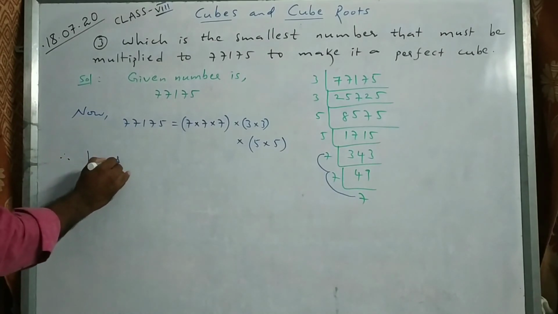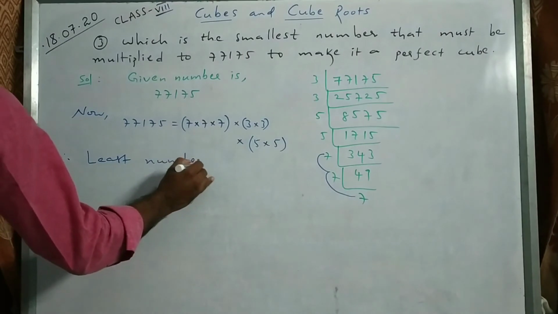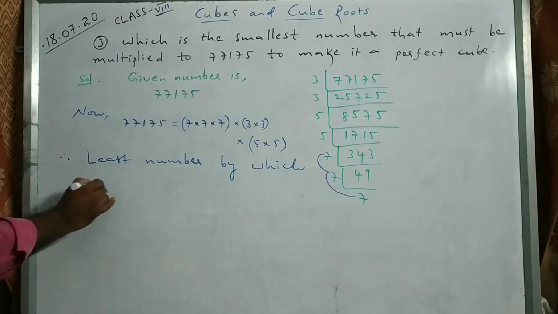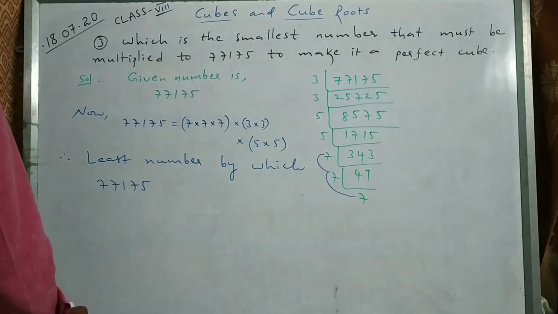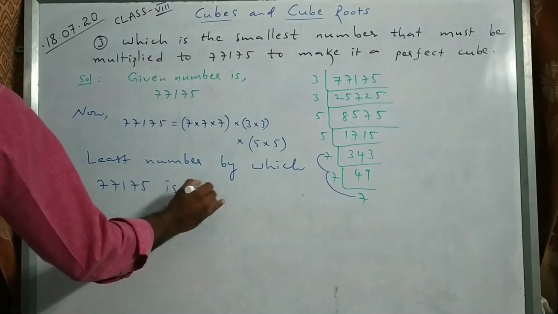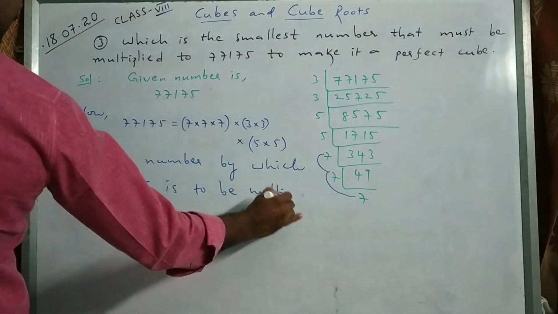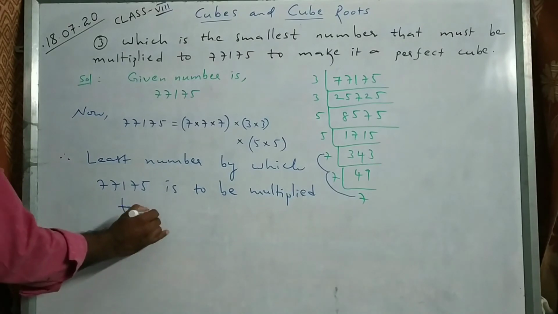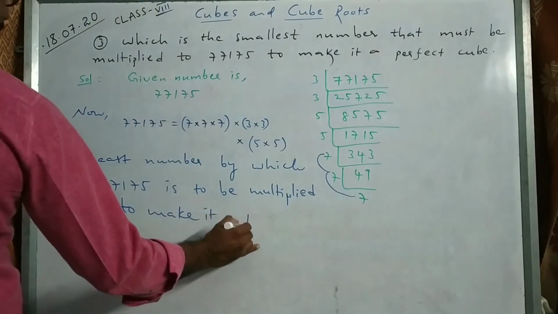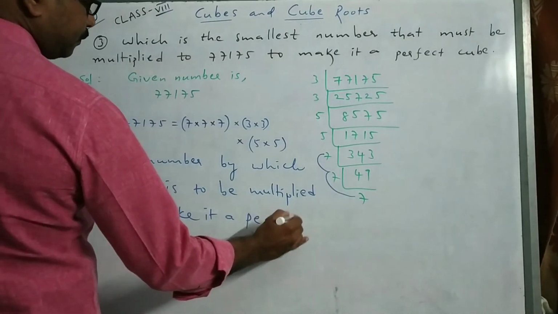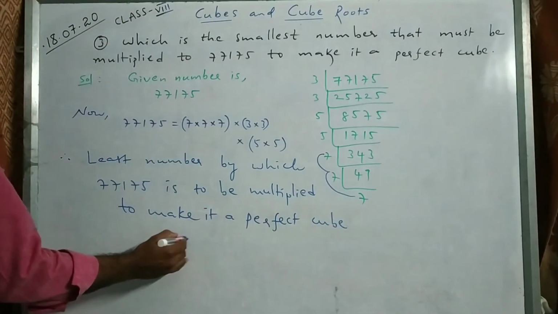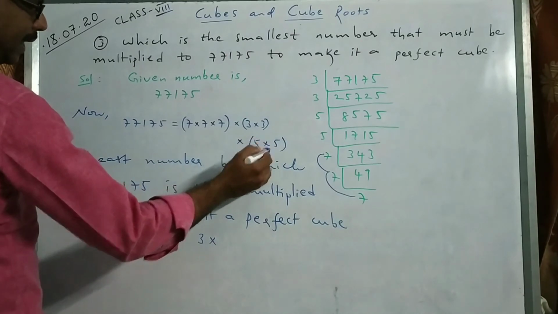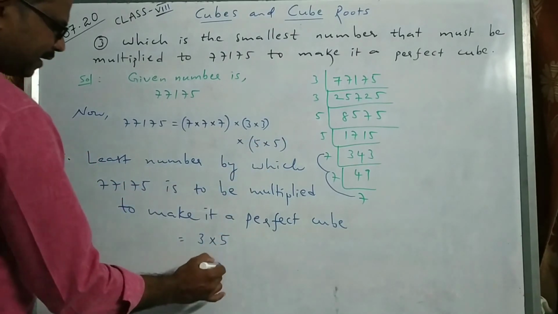Therefore, the least number by which 77175 is to be multiplied to make it a perfect cube: to make it a triplet I want one more 3, and one more 5, so 3 5s are 15.